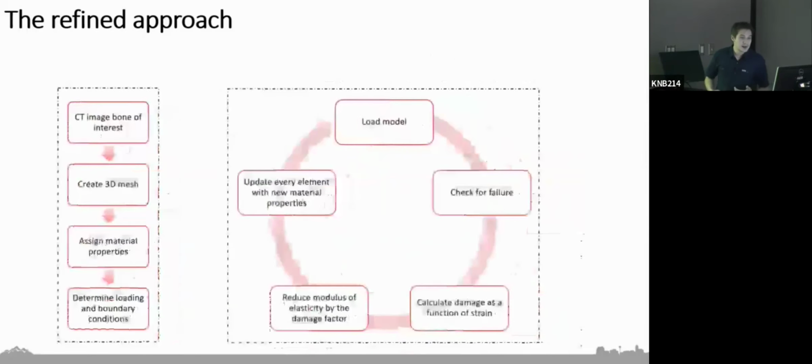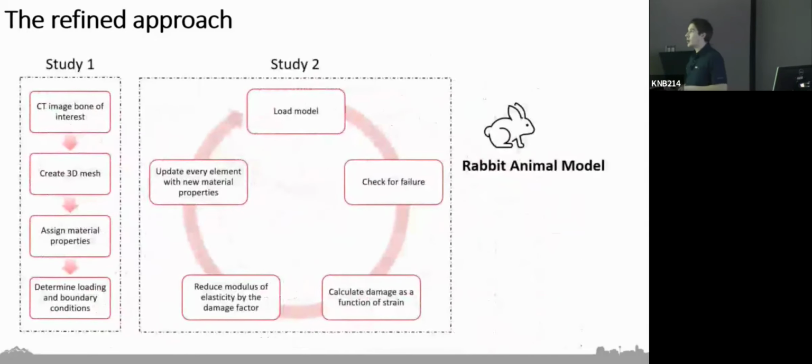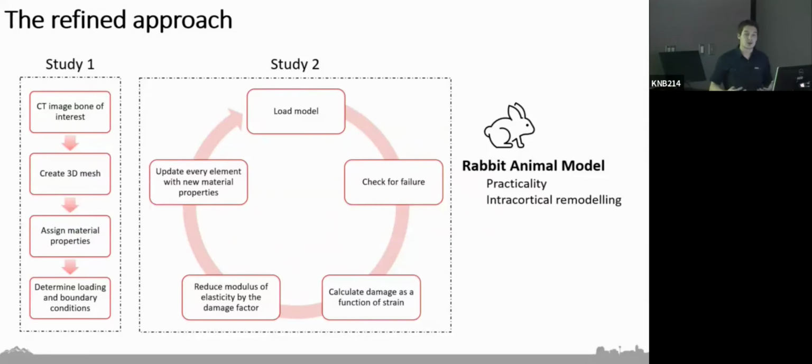Now, in both of these cases, we use a rabbit animal model. We do this for a number of reasons. The biggest one is it's really practical for the work that we're doing. So of course we have to fatigue load these bones. And so the rabbit model is a very suitable animal model for this work. But also, as we continue to expand this work and improve it, I talked about earlier how we're looking at this stress fracture process and only looking at the mechanics of it, but there's a huge biological component associated with the bone remodeling process.